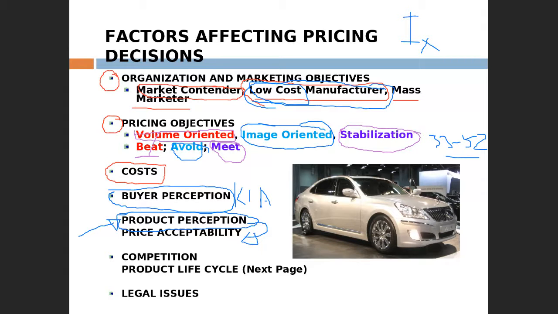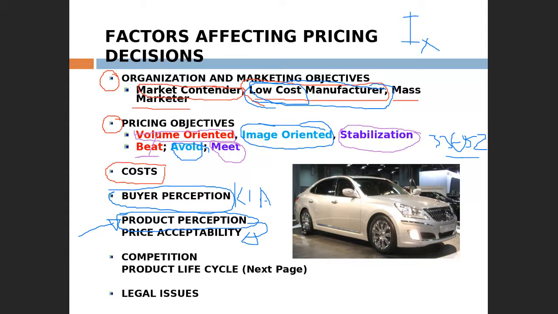The moment we think of it as a possible luxury brand, at that time we will say, okay, $35,000 is not a bad price for Kia, $40,000 is not a bad price for Kia, 50 is a little on the high side, but it's a luxury brand. So buyer perception plays an extremely important role in your pricing decisions.